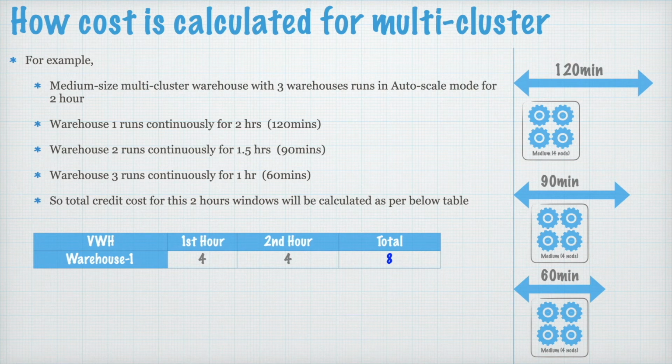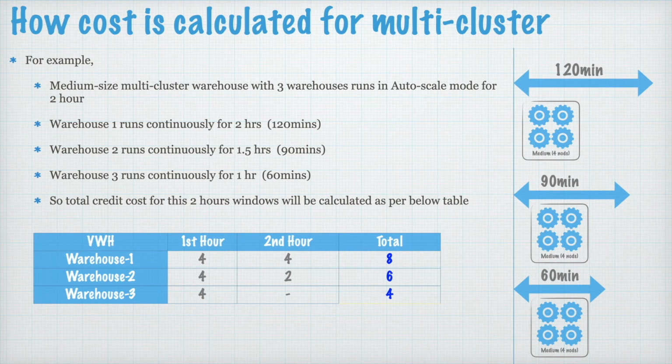For warehouse 1, warehouse 2 and warehouse 3, for the first hour they all ran, so it will come to 4 credits per warehouse. For the second hour, warehouse 1 ran for the full window, so it would take 4 credits. Warehouse 2 ran only for 30 minutes, so it will take 2 credits, and warehouse 3 did not run in the second hour, so it is 0.